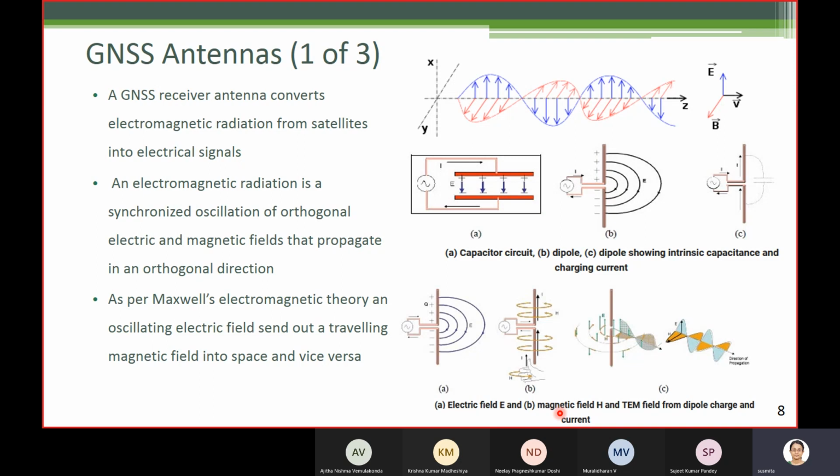If you do not understand something, ask me. Is this clear, at least at a top level, how an antenna can be used for transmission and reception of signals? Are you following or not following?